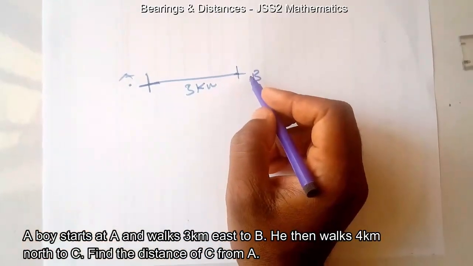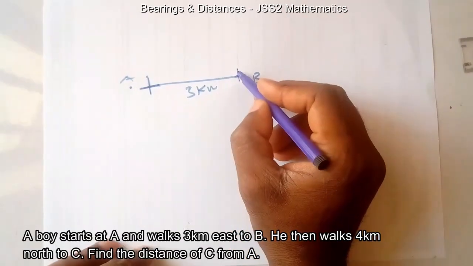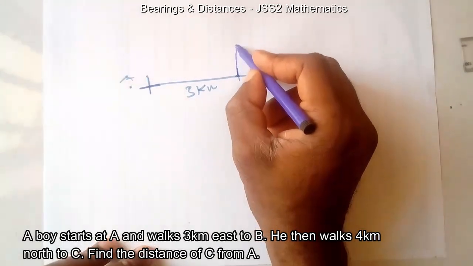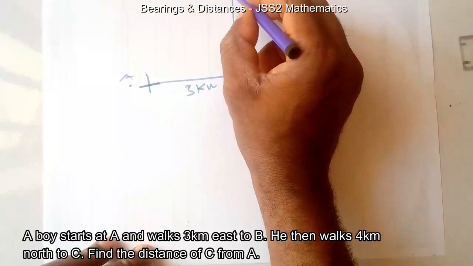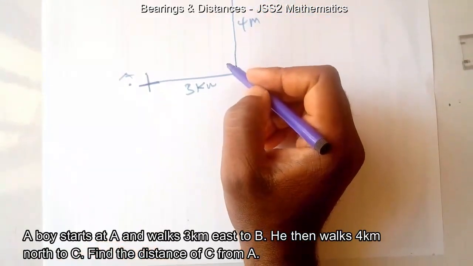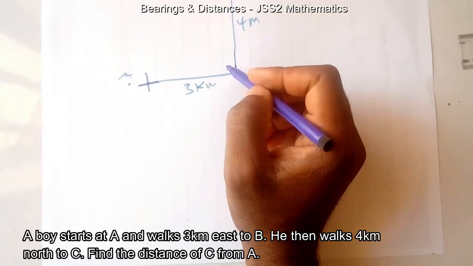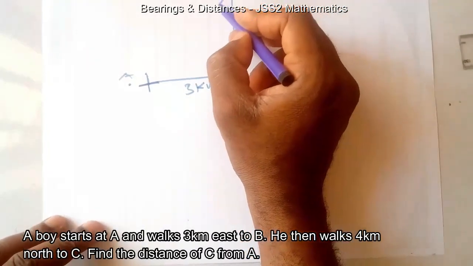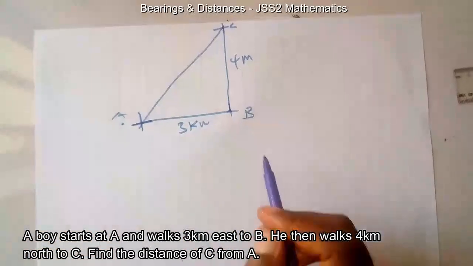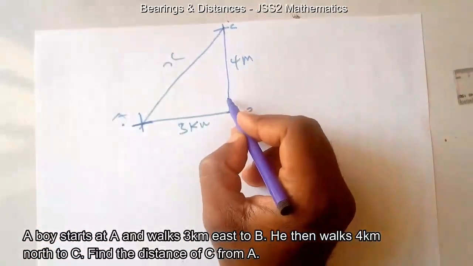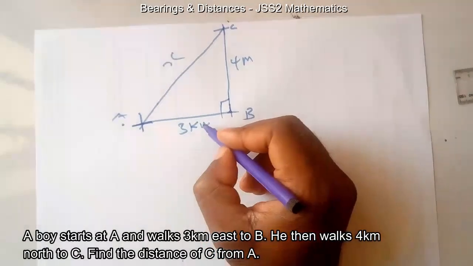From B, he then walks 4 kilometers due north to C. This is north of B, 4 kilometers to C. Then find the distance of C from A. So what do we do? It results in a right angle triangle. It's just Pythagoras theorem.